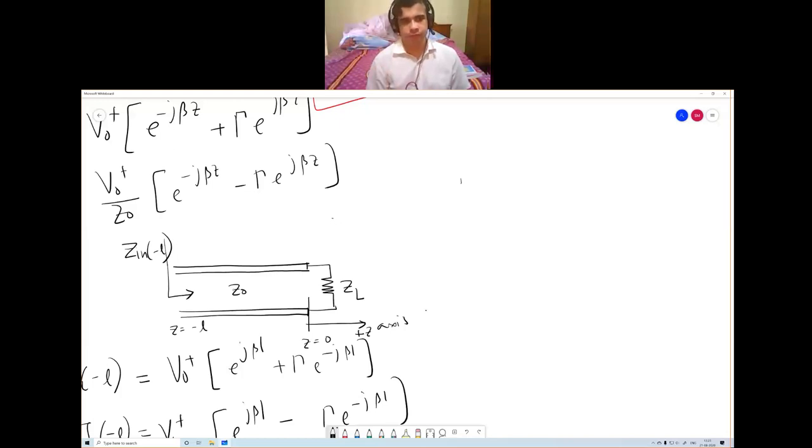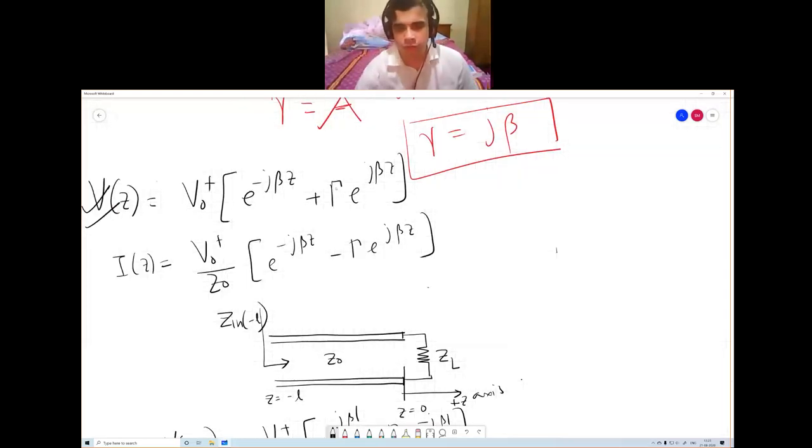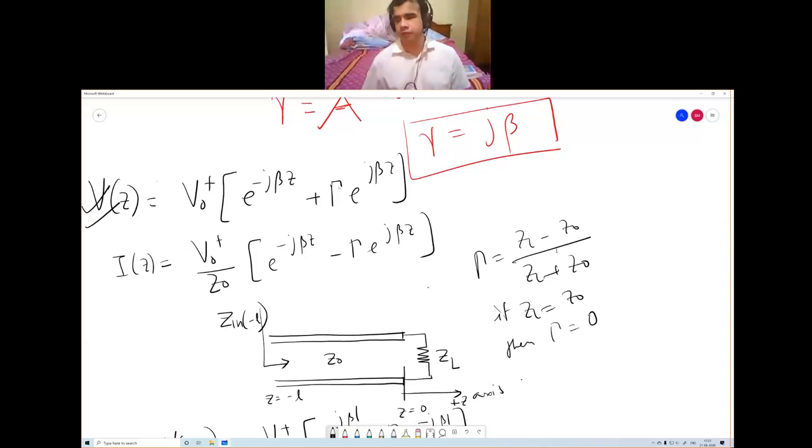Okay. And this is understandable because for a matched load, this gamma is 0. What was gamma? ZL minus Z0 by ZL plus Z0. If ZL equal to Z0, then gamma equal to 0. If gamma is 0, then these components vanish, and if you divide, you will simply get Z0.